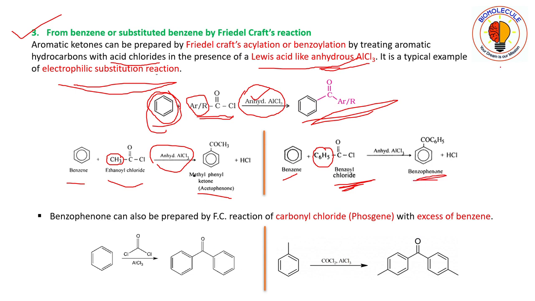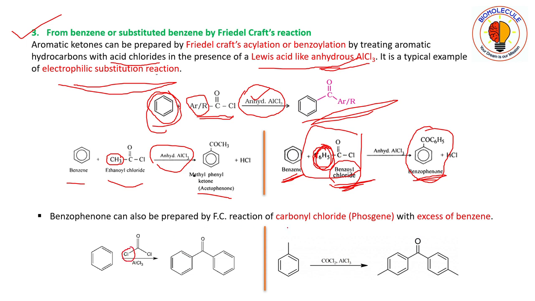Now, an important Friedel-Crafts reaction. We are taking here benzene and acyl chloride. Now we can replace this acyl chloride. You just replace this alkyl or aryl part of the acyl chloride with another chloride molecule.